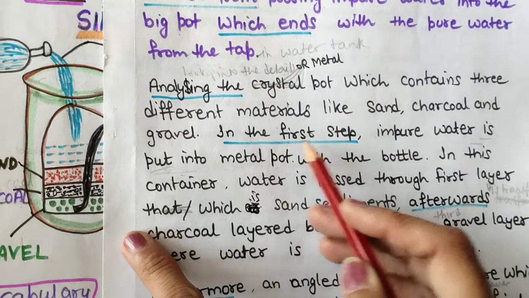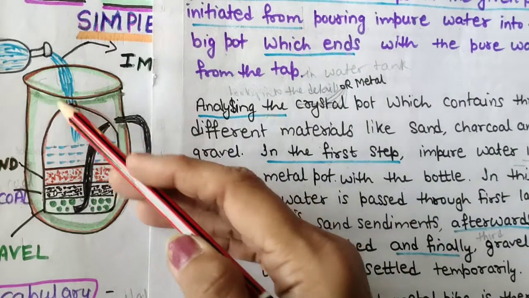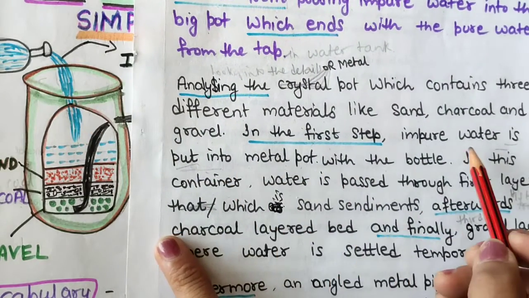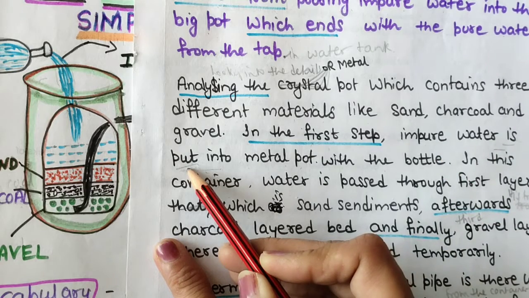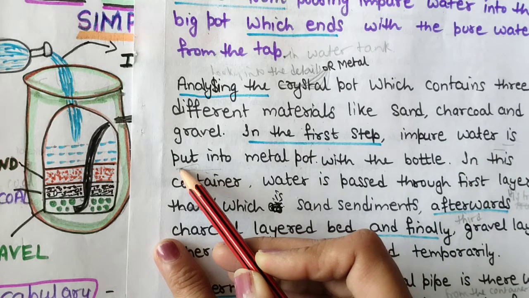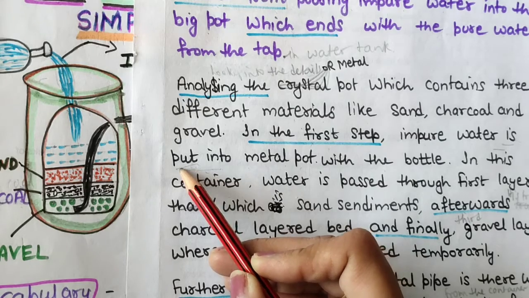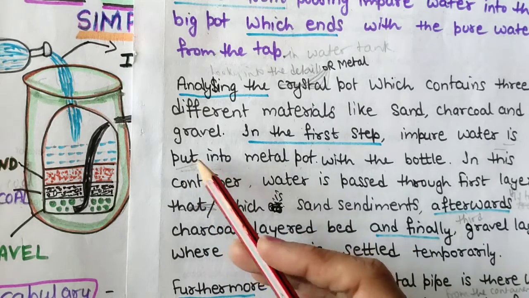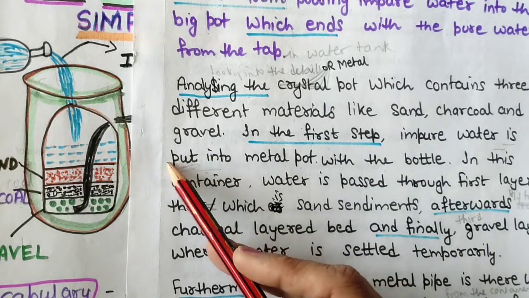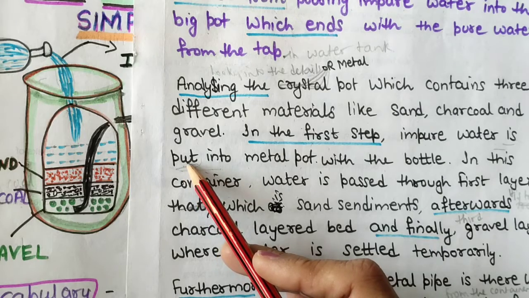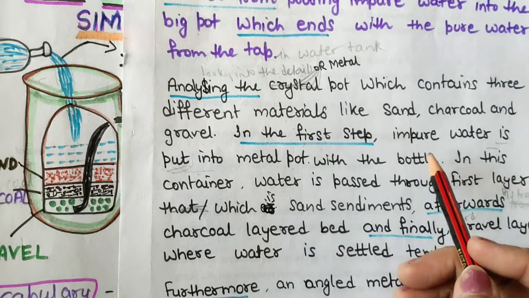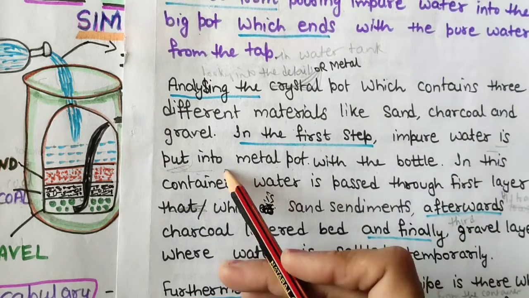In the first step, impure water is put. We have used put in the same way because the verb put is the same in first, second and third forms. If some other word was there, then we could have changed the second verb also. We are writing this in the passive voice.